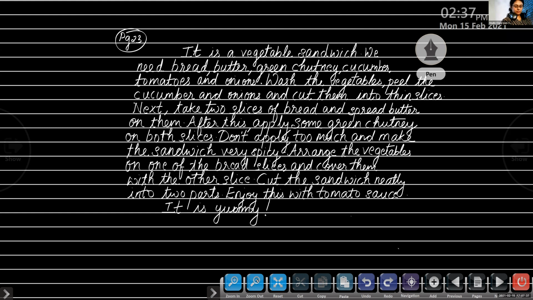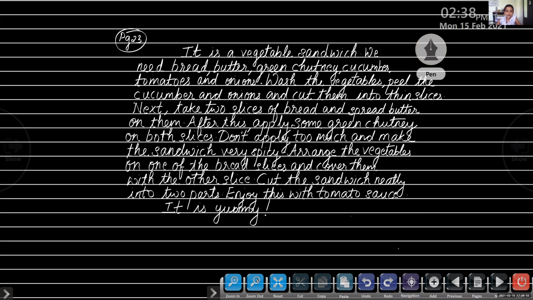Next, take 2 slices of bread and spread butter on them. After this, apply some green chutney on both slices. Don't apply too much and make the sandwich very spicy.